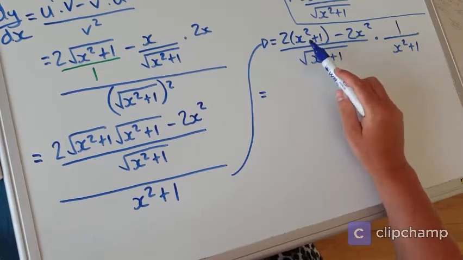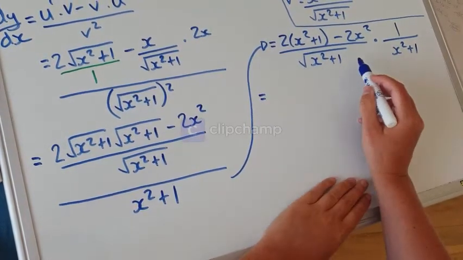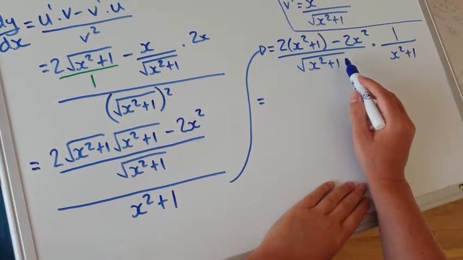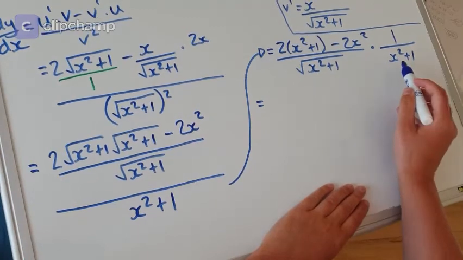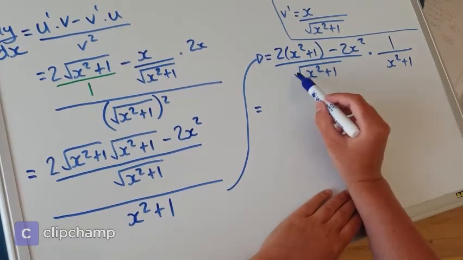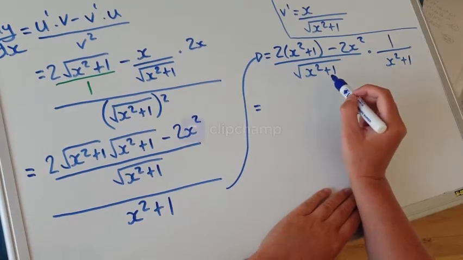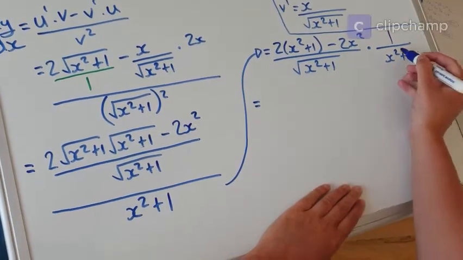We know that when we multiply that, the numerator is quite easy to take care of. If I look at the denominators though, they're both in terms of x squared plus 1, and I want to be able to gather them together. So although I like working in root form or surd form, I'm going to write that as a fractional power so that I can gather it with this power.